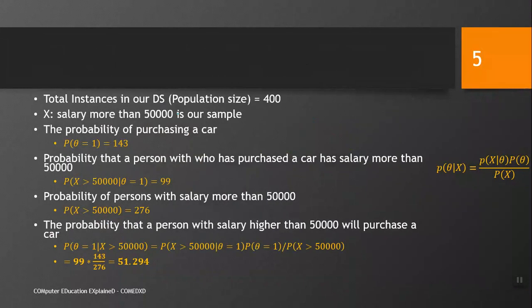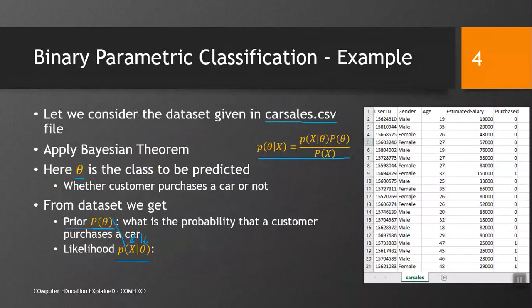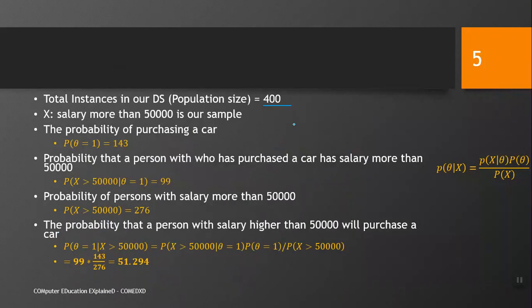The total instances in our data set, the population, are 400. Here a few instances have been shown, which consist of the user ID, the gender, age, estimated salary, and whether he or she purchases a car or not. In our data set there are a total of 400 instances, and x is a random variable which is used to denote the salary, which is more than 50,000 in our sample.